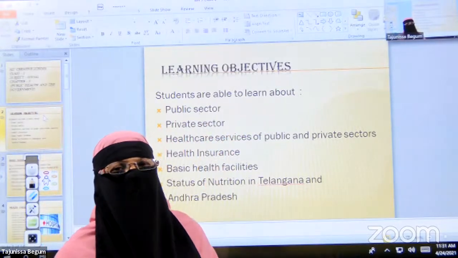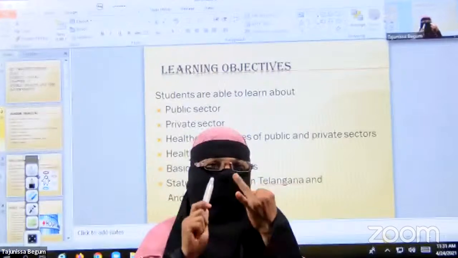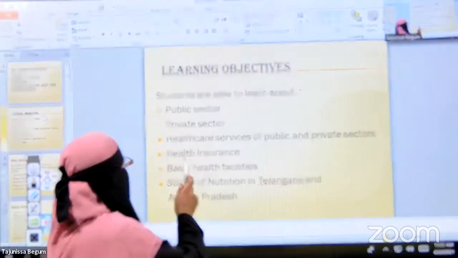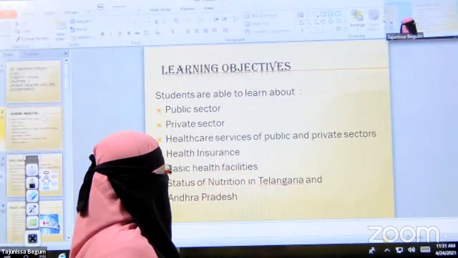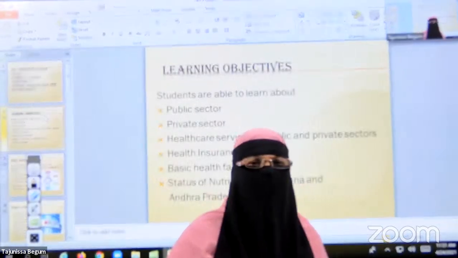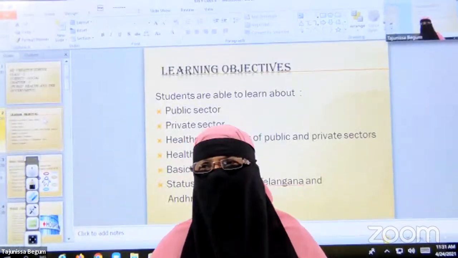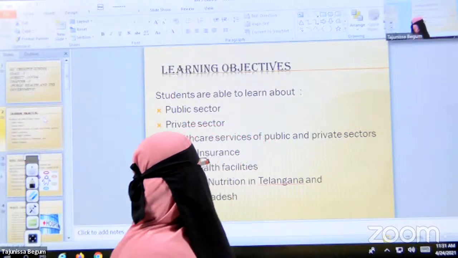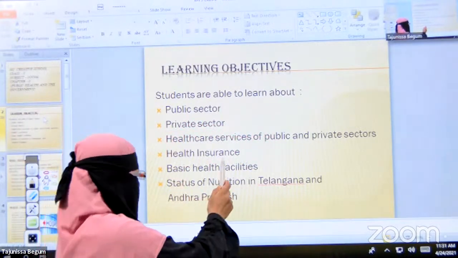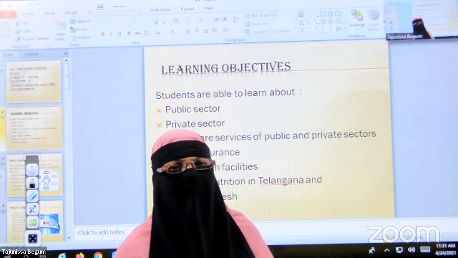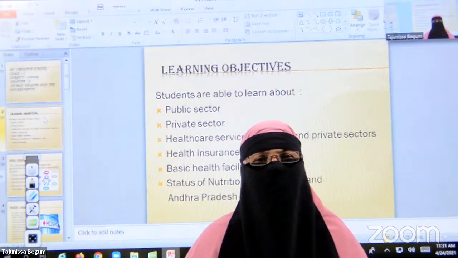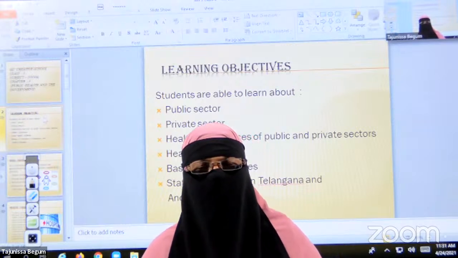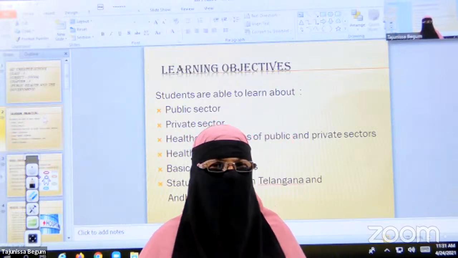You will come to know what is the public sector, what is the private sector, then the healthcare services of public and private sectors, and how we get health services from these public and private sectors. And we are reading about health insurance: how do we get health insurance, how people get benefit from private companies, how these people are helping us. These are health insurance.